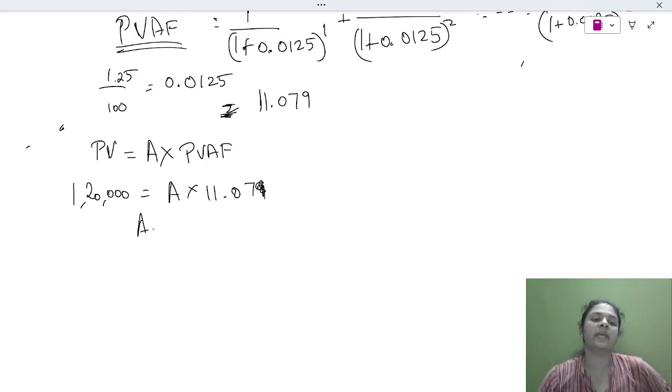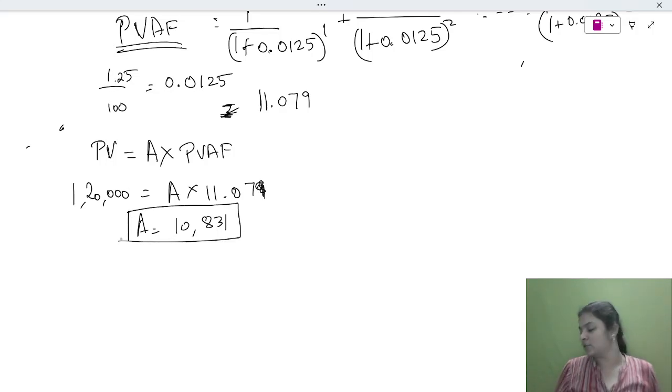So the answer will be how much? Approximately 10,831. The annuity or the monthly payment will be 10,831. Are you getting this?